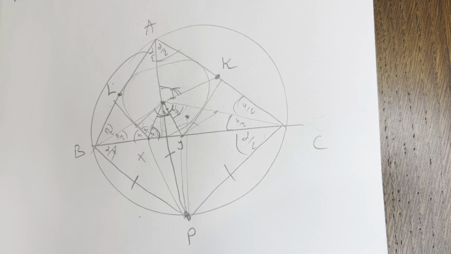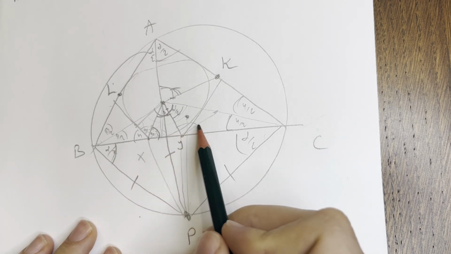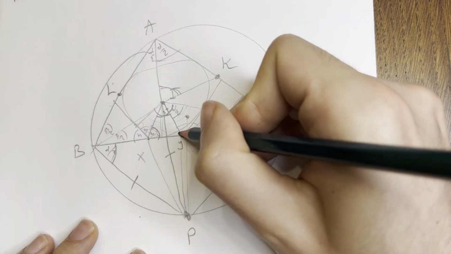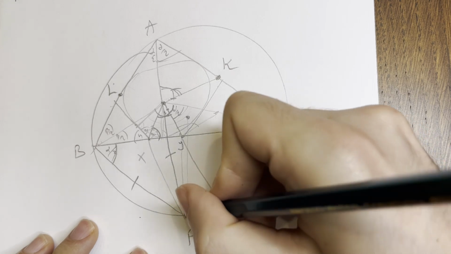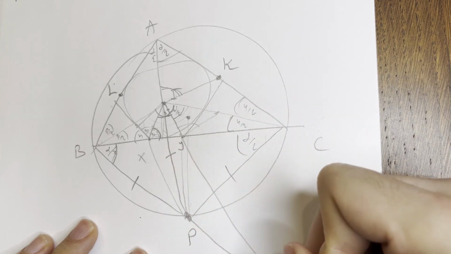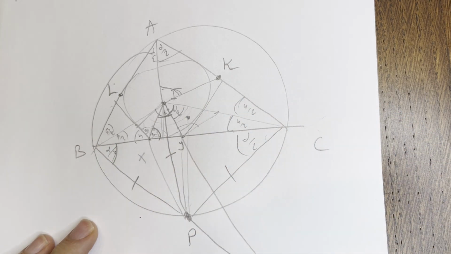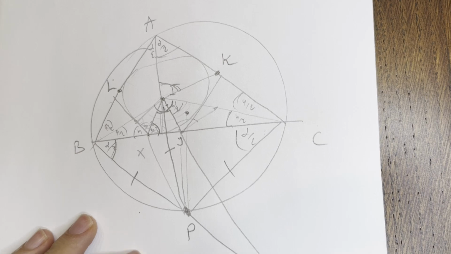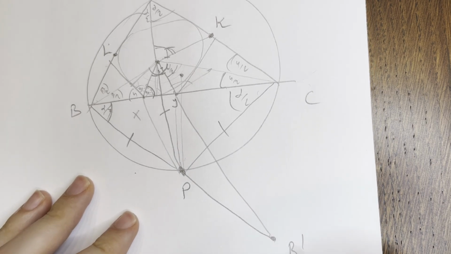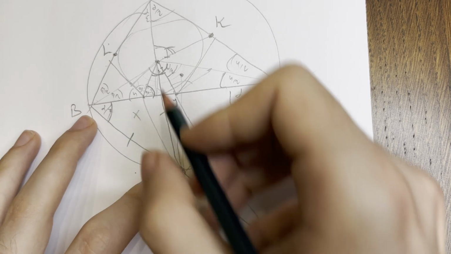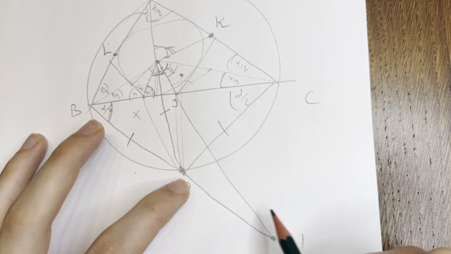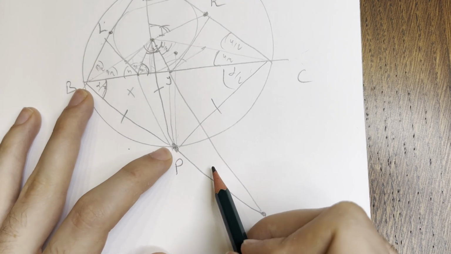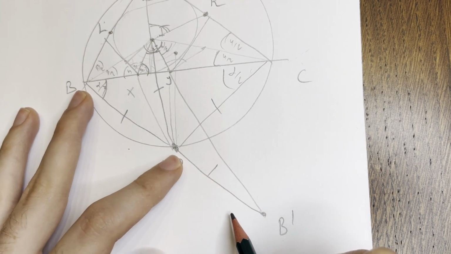And here it takes some level of thinking, ingenuity, to see that, okay, we have alpha half, we have these 90-degree angles. If I extend this to meet, say, the circumcircle of BIC at point B prime, I know because this is 90, I know that B prime, P, and B are collinear.